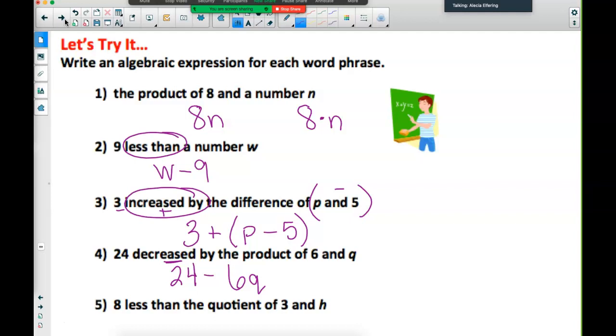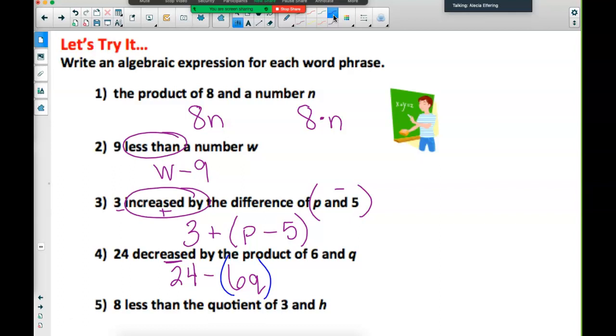Do I have to put parentheses around the 6 and the p? Could I? You could. How come I don't have to in this case? Because you would just do multiplication first. Yeah, you would do it first anyway. But if you wrote it like this, that'd be okay. It's not wrong.